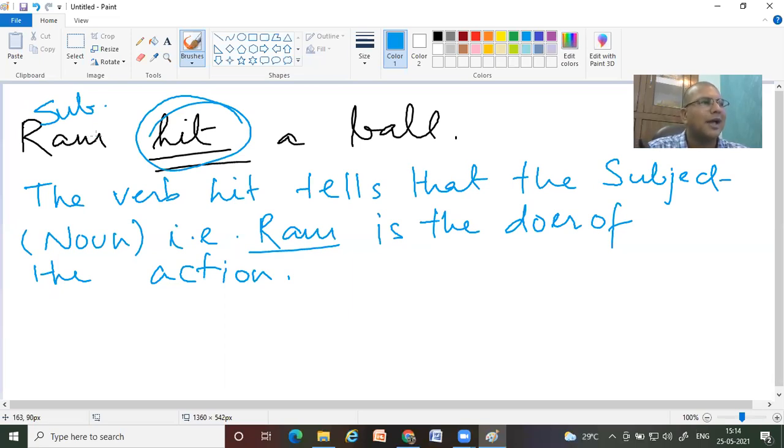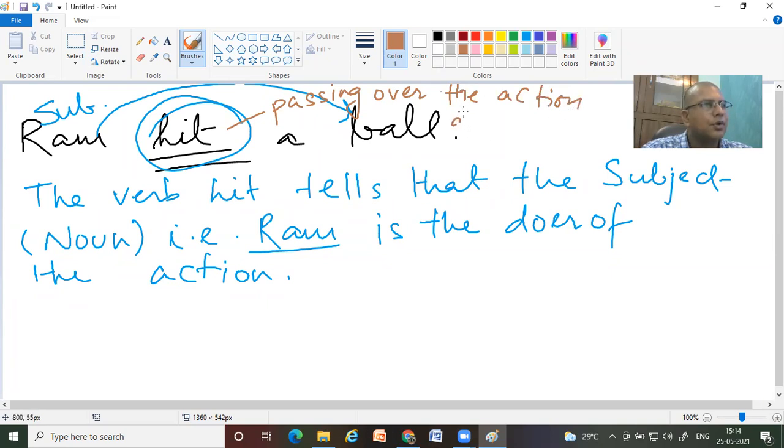Now, don't you think the action of Ram is going from Ram to the ball, and the verb hit is passing over the action from doer to object, receiver?